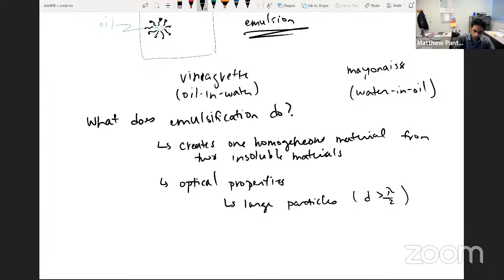Large particles, and this is also the fact of the different refractive indices. If they had the same refractive index, you would not get this effect either, because there would be no refraction between them that would cause scattering. Again, that's just tying back to concepts that you learned in physics. In the case of oil and water, they have quite different refractive indices from each other.